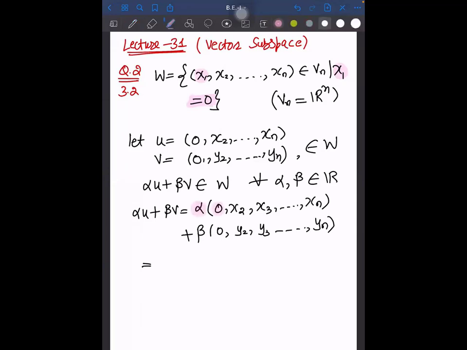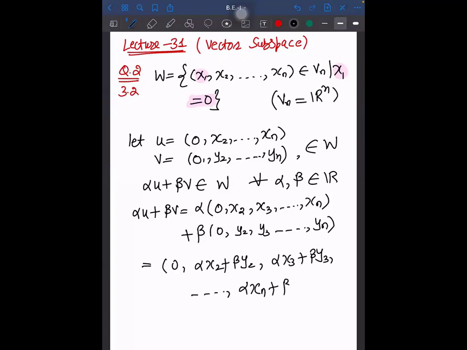And if this beta gets multiplied with this 0, this will be 0, right? So we are left with 0, alpha x2 plus beta y2, alpha x3 plus beta y3, and so on. The nth tuple will be alpha xn plus beta yn.